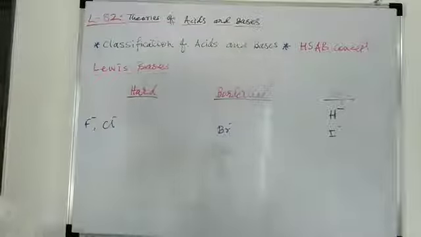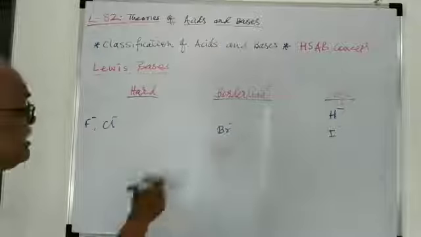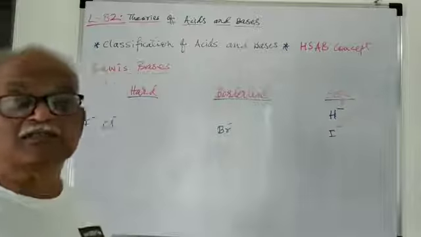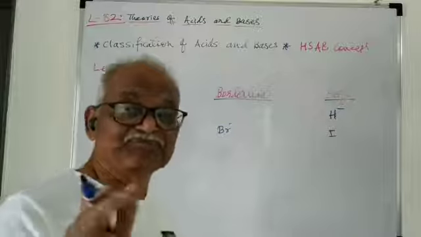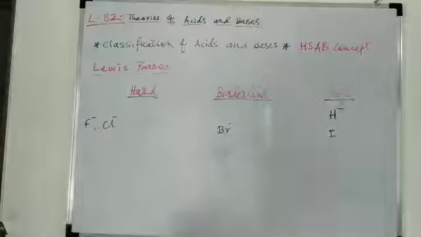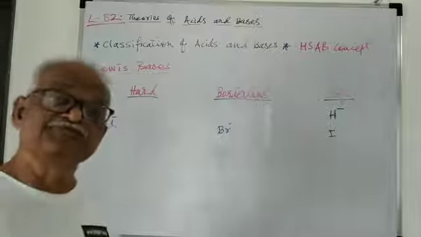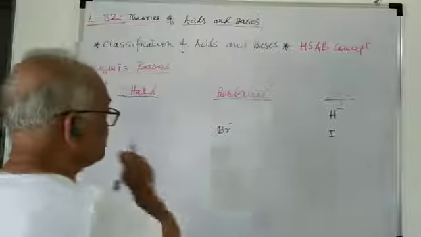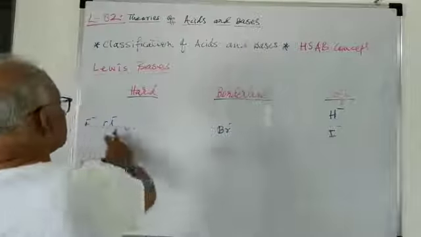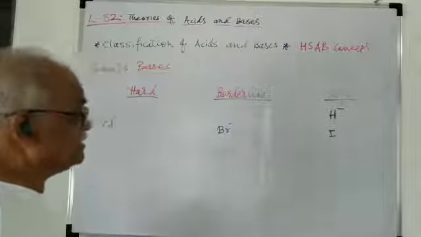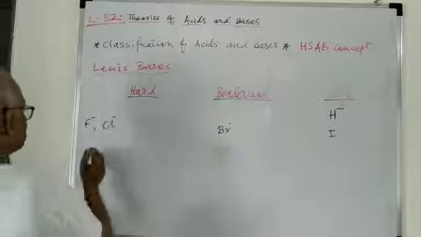Then next to the halide in the periodic table, towards the left, is the group of oxygen, the oxygen family. So the bases containing oxygen as donor element are taken here, whereas before we had taken the halides as donor species.